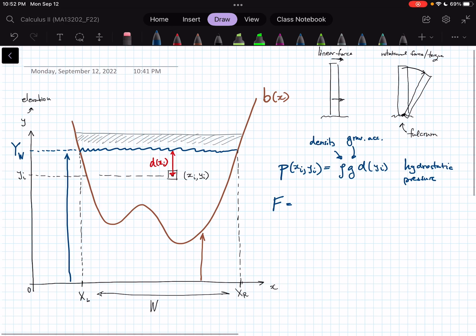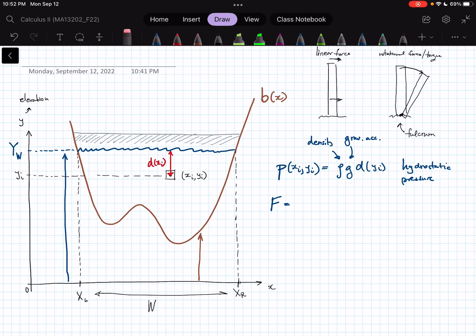So in the spirit of what we were doing in class, we're going to think of this as a sum of pressures at location xi, yi times the area of this little patch delta A, summed over all indices i.